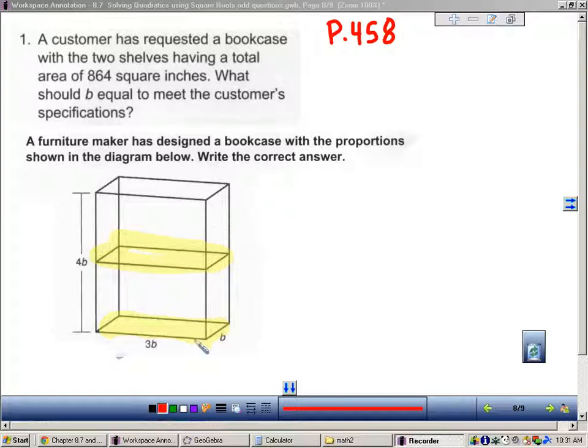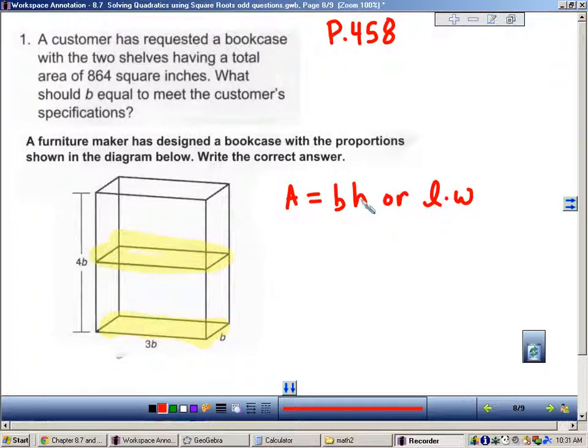So, the area of a rectangle, start there, must be its base and height, or you can also write that as length and width. It doesn't matter how you label it, as long as it makes sense. And since B is a variable, I think I'm going to use length and width.